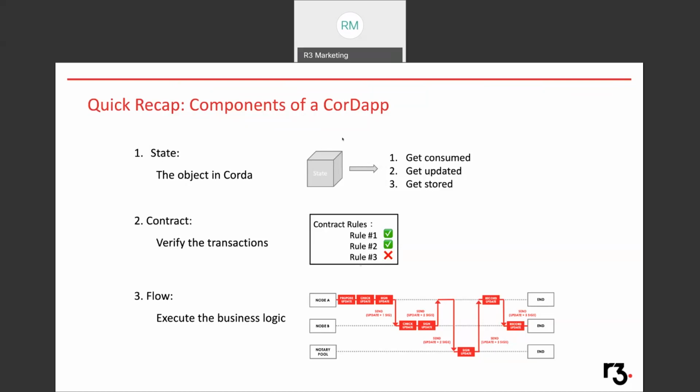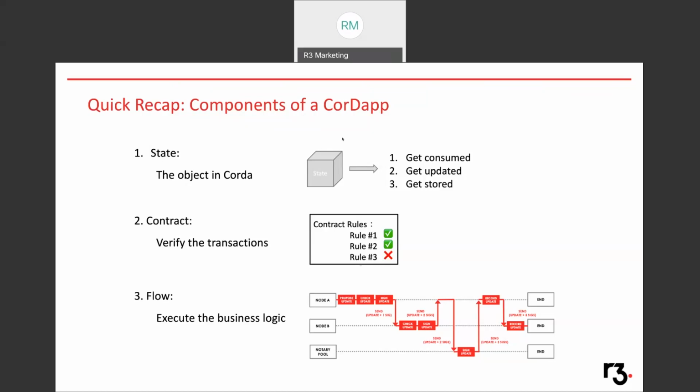For instance, if you want to implement a Corda app where you can transfer money between parties, you probably want to make sure that the amount of money that you're transferring between parties is more than zero, because if it was a negative, then you could take money from someone. And that's probably not what you're intending to do, right? So a contract allows you to verify all the fields in the state to make sure that they match up to your business rules expectations.